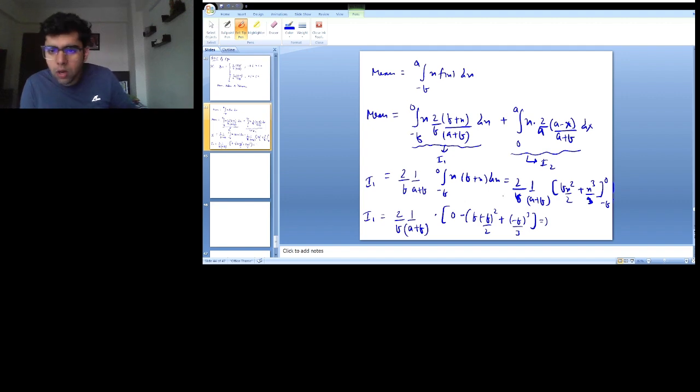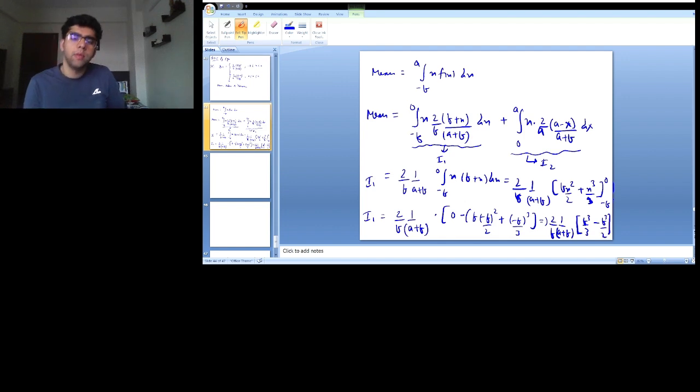So this will be 2 upon b, 1 upon (a plus b), and here I'll be having minus minus plus, so this will be b cube by 3 minus b cube by 2, right?